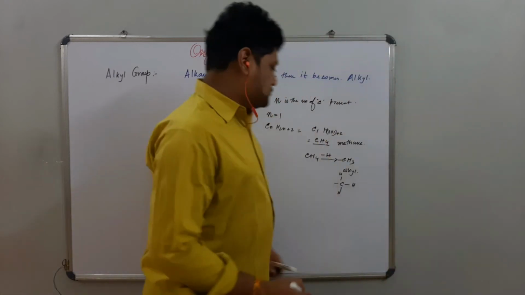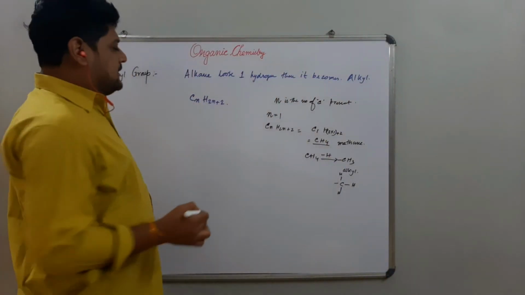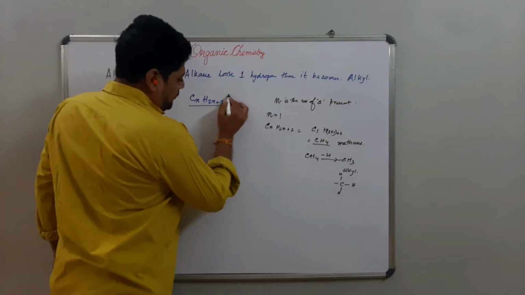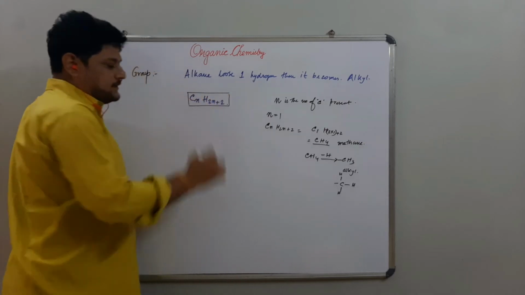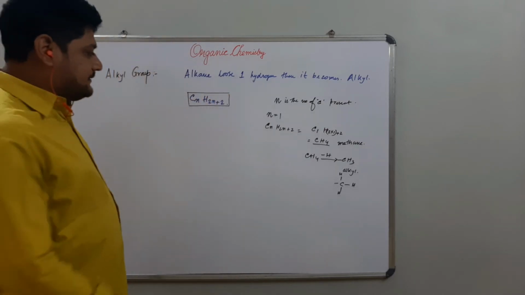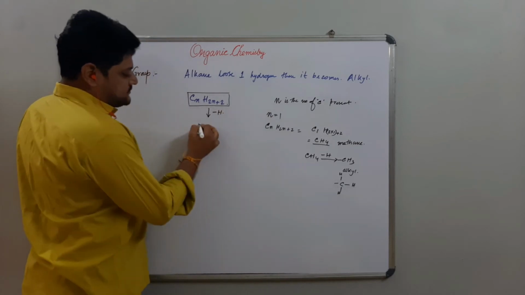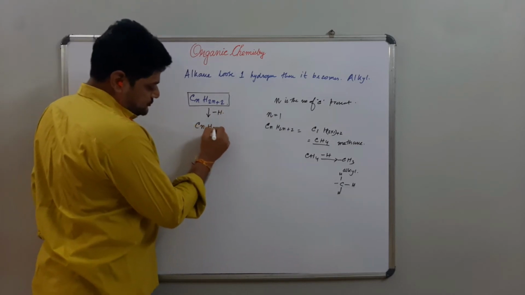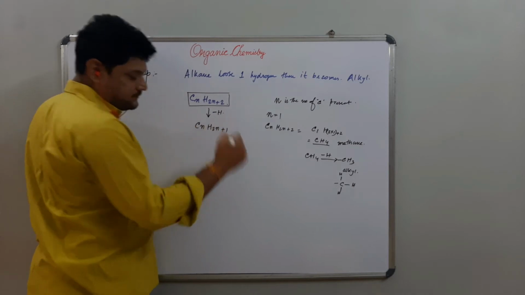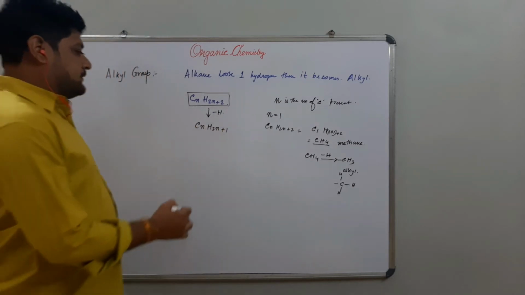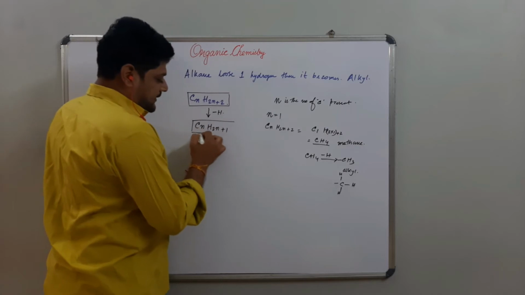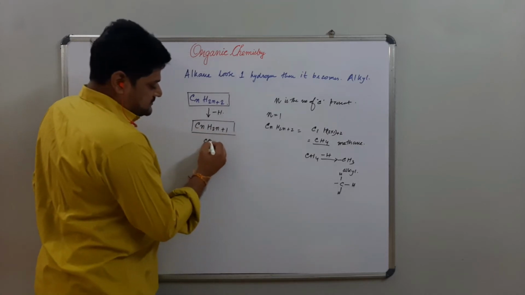If the general formula of the alkane is this, then what is the general formula of alkyl? It loses one hydrogen, so it becomes CnH2n+1.